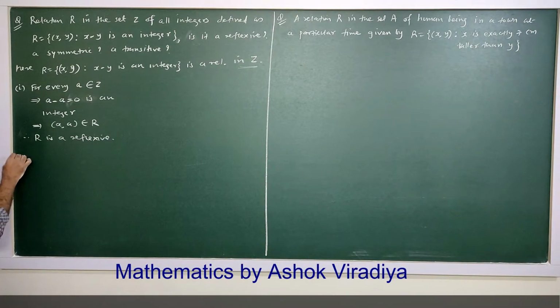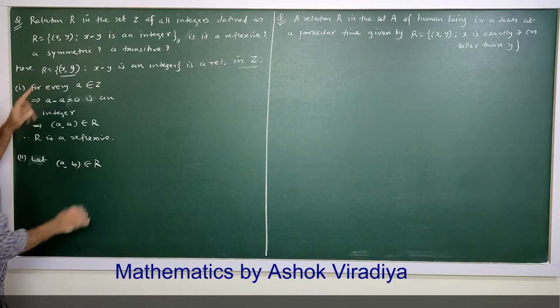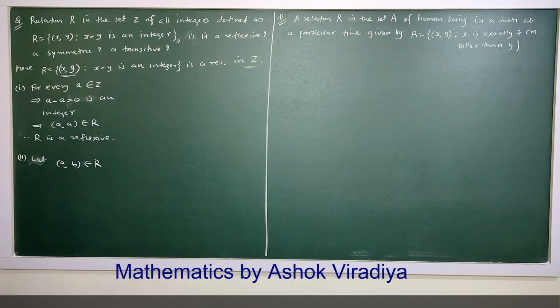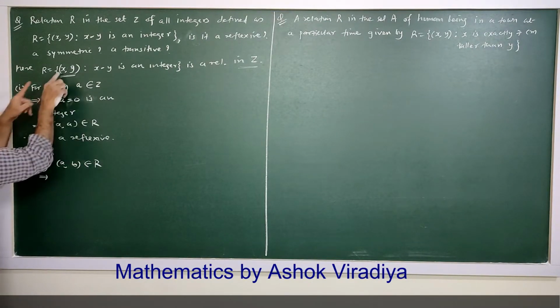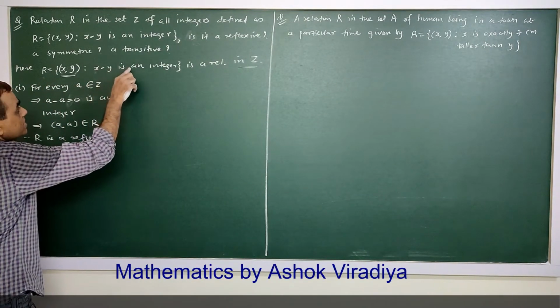Second property, symmetricity. For symmetricity, we take any element from this set R. For any (A, B) belonging to R, this is any element. If (A, B) is in R, it happens if A minus B is an integer.